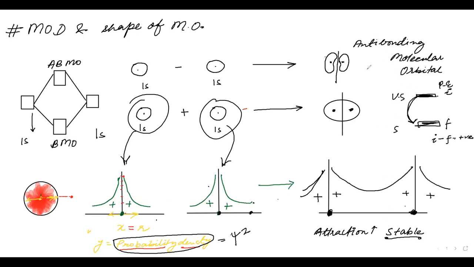So whenever there is attraction, see the first principle, please remember those five points. These will help you in concluding many things. Attraction increased, it became stable, and as soon as it became stable, energy released. Now you can say the bonding molecular orbital has lower energy than the atomic orbitals.